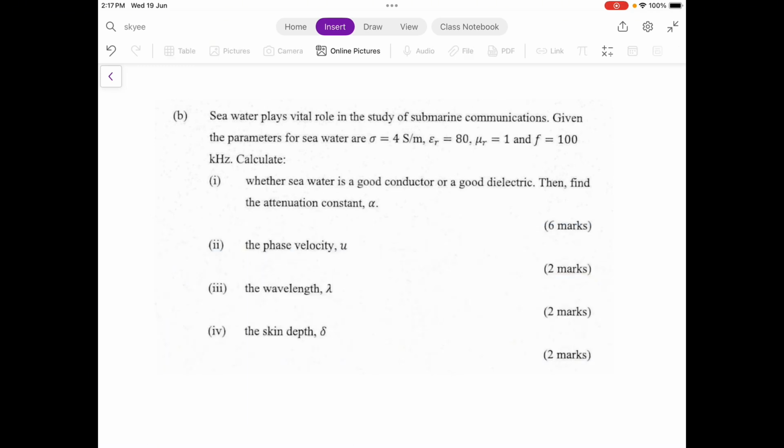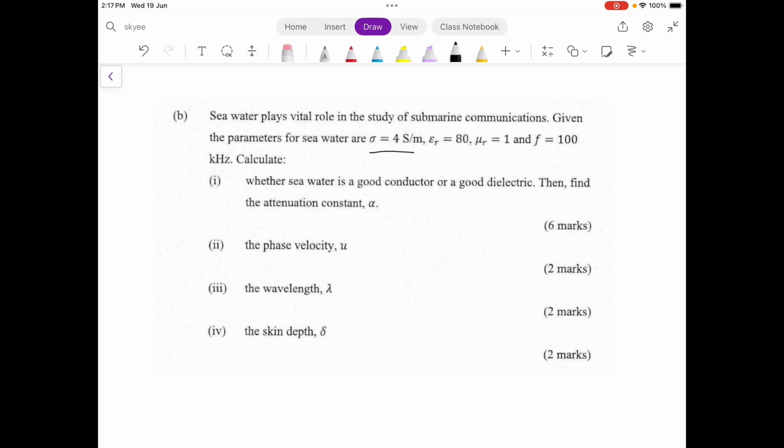Now, seawater plays a vital role in the study of submarine communications. Given the characteristics of seawater, you have to calculate and determine the following terms: whether the sea is a good conductor or a good dielectric, and then find the attenuation constant.